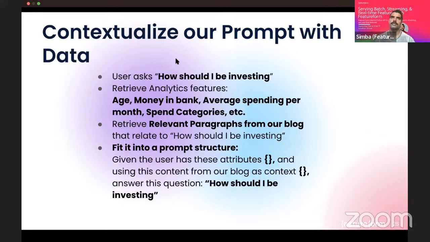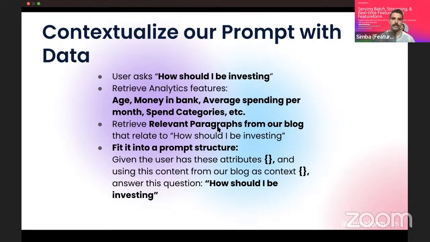You lean in one direction, like, no, we think you should be investing in this way, even though it's a little more risky or a little more conservative than the average. So you might want to retrieve paragraphs and documents from your own text to prompt the thing. This will all feed together, and it will fit into a prompt structure like below.